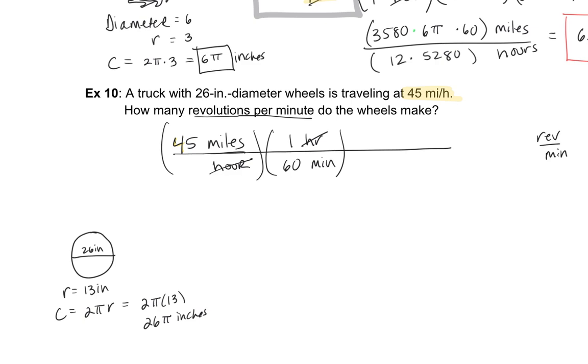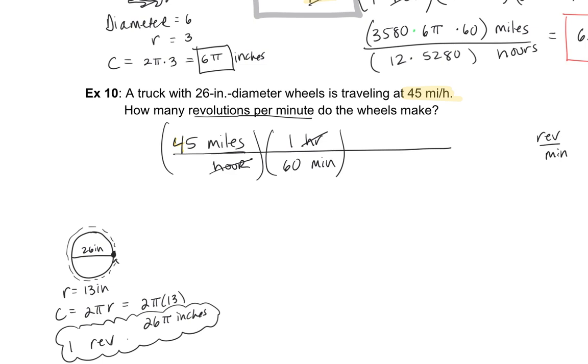All right, so 1 revolution means that we're going to go 1 full circumference. Okay, so we can use the fact that 1 revolution gets us 26 pi inches, or 1 full rotation, right? That's the little speck on the edge of the wheel, and it's going all the way around 26 pi inches in 1 rotation.